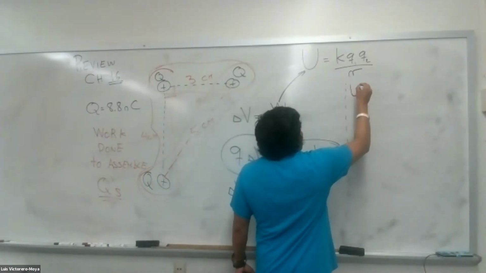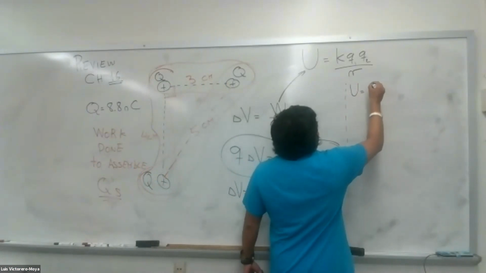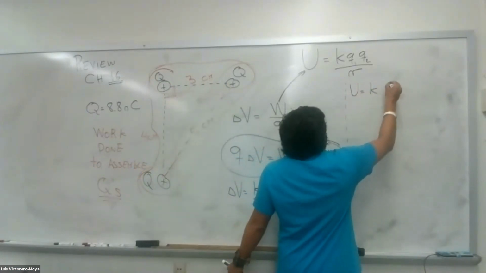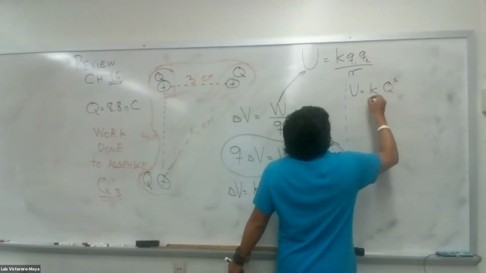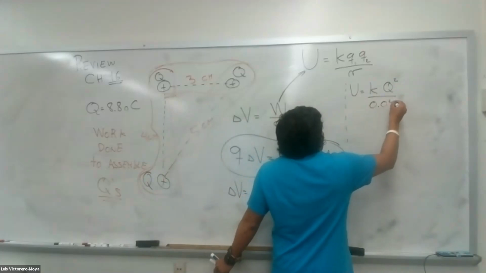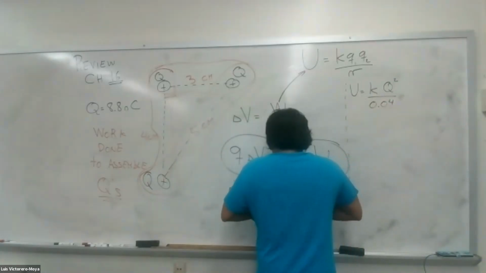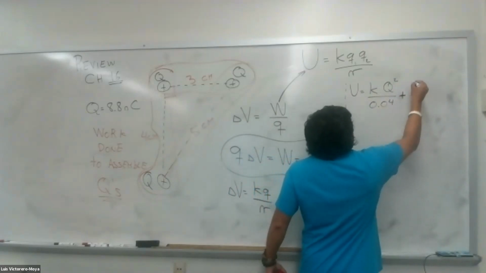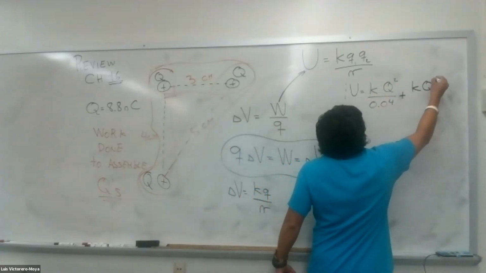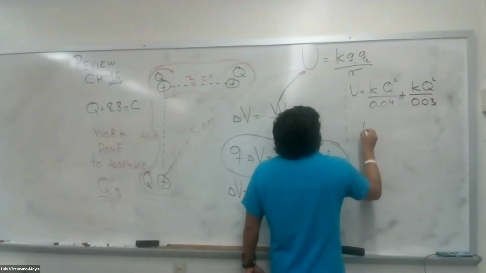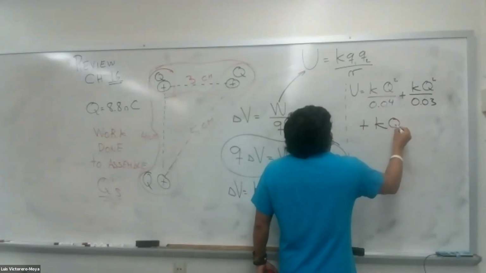The energy of the system will be K, all the Q's are the same, so you can put Q squared over, first of all, 0.04, plus KQ squared over 0.03 plus KQ squared over 0.05.